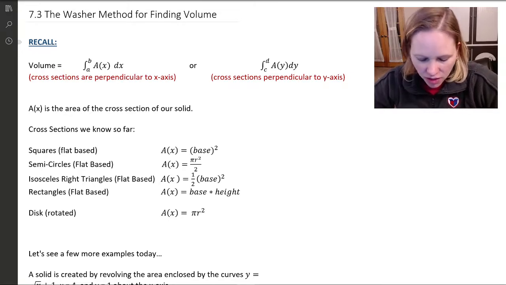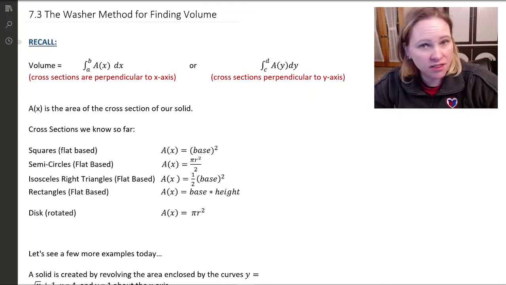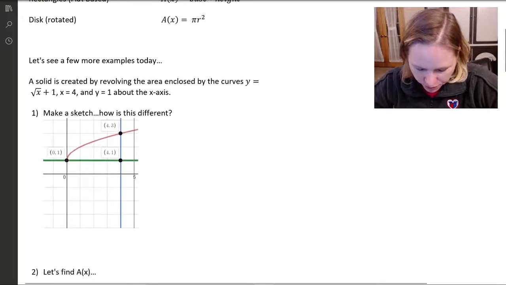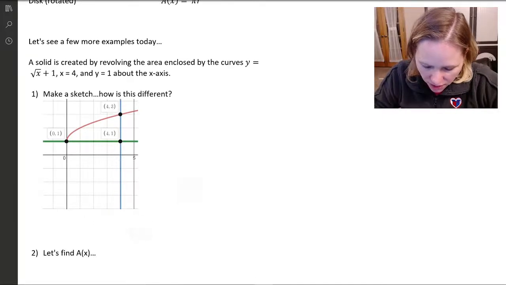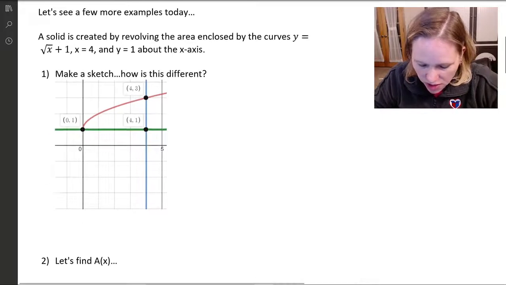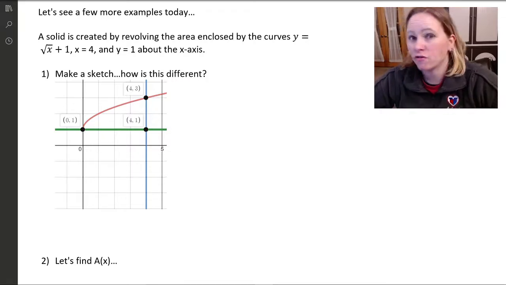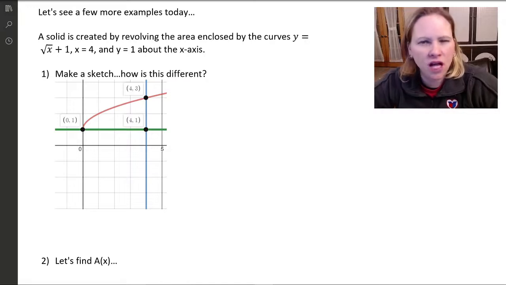Today, we're going to talk about a special case of discs where we refer to them as washers. You'll see what I mean when I say a washer. A disc we think of as being just a solid thing. A plate is a disc, or a frisbee is a disc. It's just a solid circle.